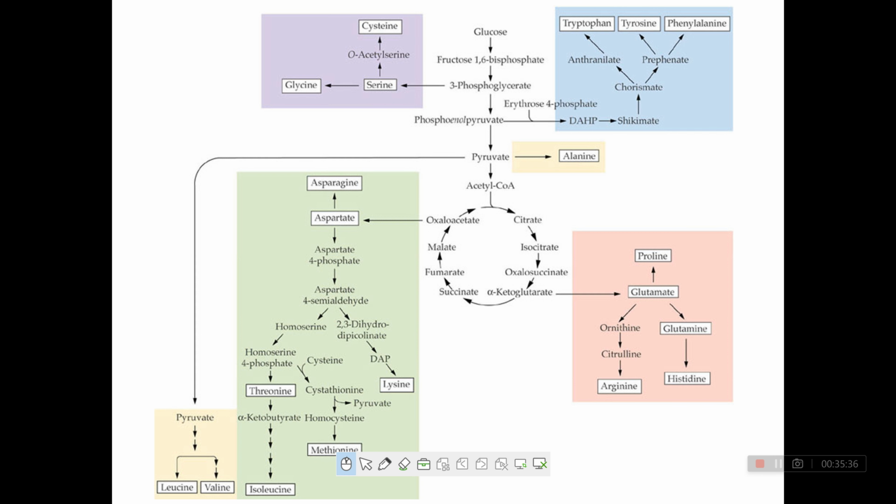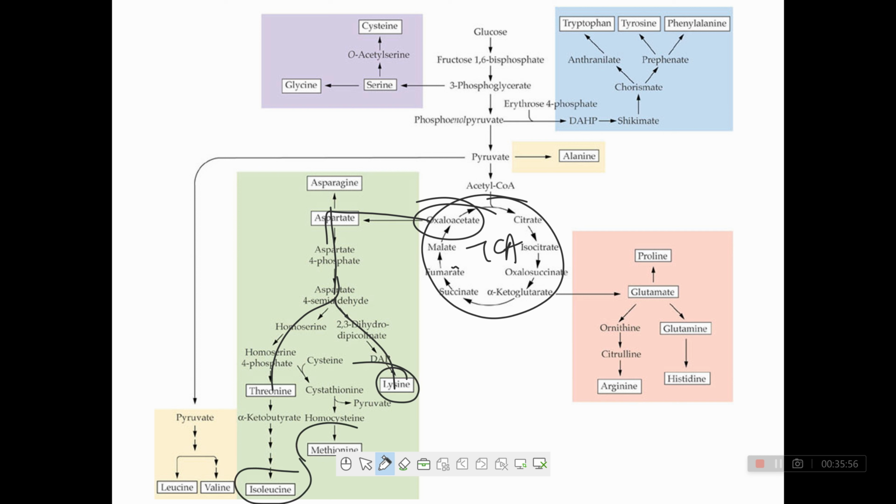This is also a pathway by which amino acids are synthesized. See here, this is the TCA cycle. Oxaloacetate is present and is converted into aspartate, from which lysine, methionine and threonine are synthesized. Alpha ketoglutarate is converted into glutamate, and then arginine, glutamine and proline are synthesized.